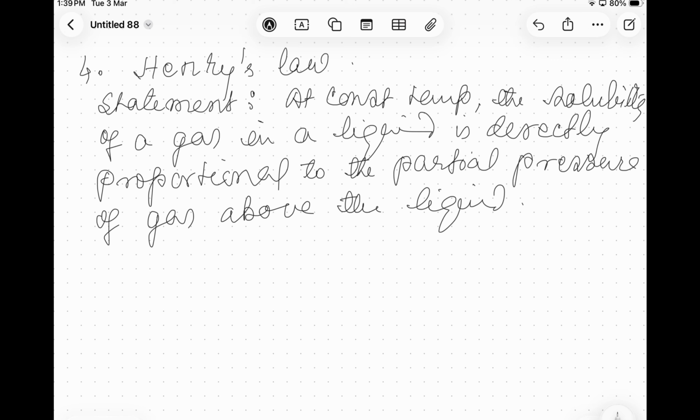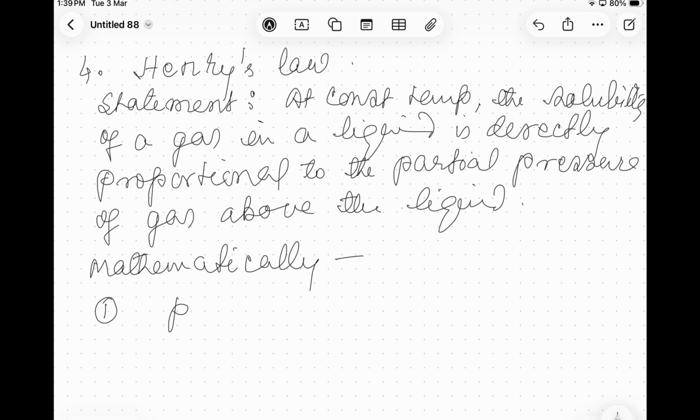Above the liquid. This is the statement. Mathematically, Henry law may be expressed in two different formula.